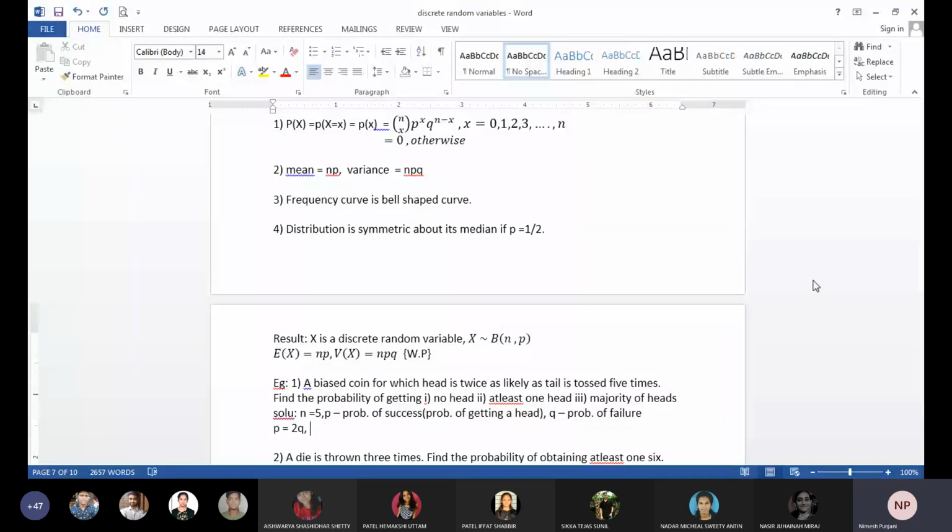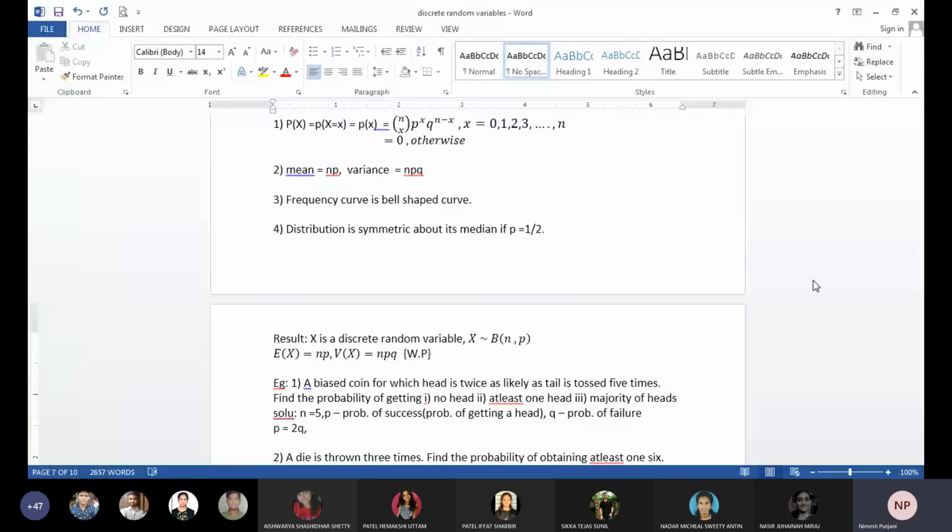So we get P equals 2 into Q. Okay, P equals 2Q. Is this fine? Probability of getting a head is 2 times the probability of getting a tail.